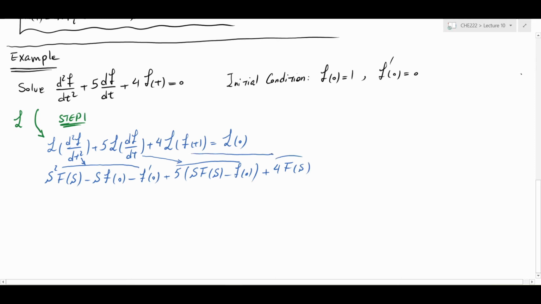So this is this term, and the Laplace transform of 0 is 0. Now we can substitute the value of the function and its derivative at time 0 based on our initial condition. So f(0) is 1, f prime is 0 at time 0, and here also f(0) is 1. Now I can factor F(s) and rearrange the equation to obtain this.